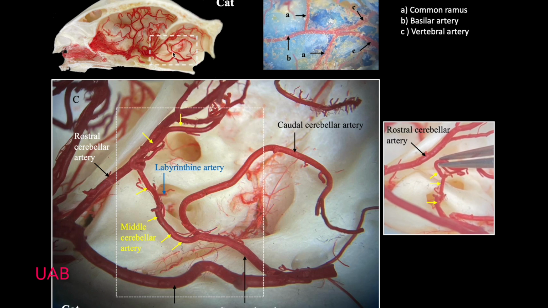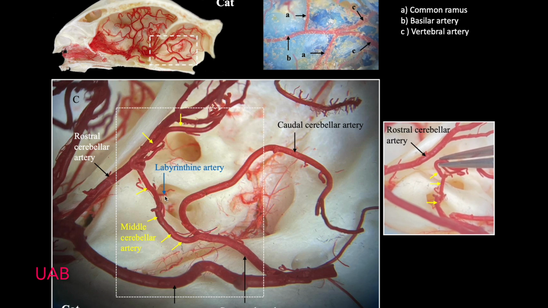In the case of a cat, again, you see a midplane section of a corrosion cast, and we have enlarged this area. So what do we have? We have that the basilar artery branches off a common branch that is going to give rise to the caudal cerebellar artery, and what we can name the middle cerebellar artery because it also sends some small branches to the cerebellum.